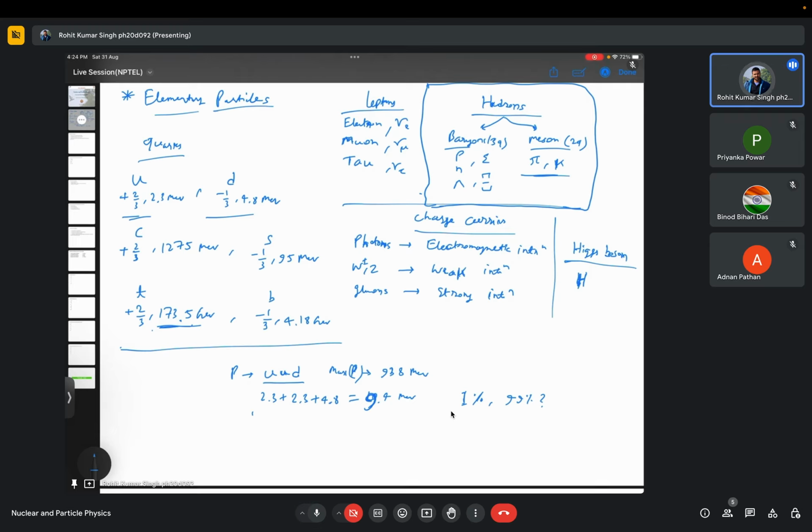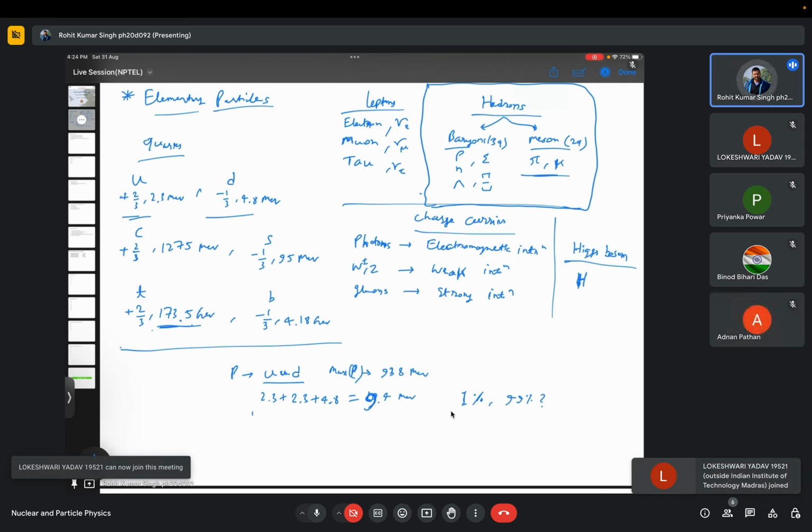In the nucleus, the mass of the nucleus is equal to the mass of protons and neutrons, and then the binding energy, right? So similarly, inside the protons there is a confinement of quarks, and due to that it adds up to the mass of the proton.